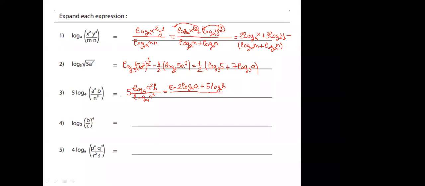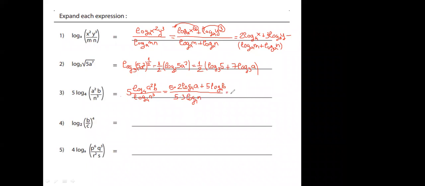Down below we have now the power 3 on n. So I take that up front, but I have this 5 as well. So it will be 5 times 3 logarithm 4 of n, because I put that 3 up front.